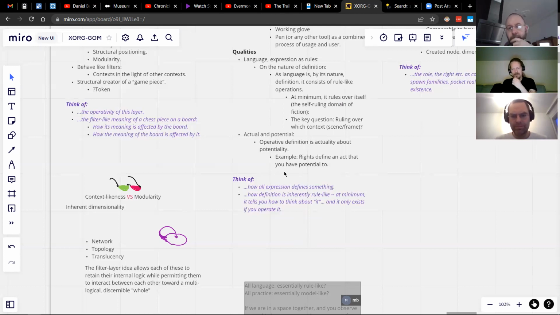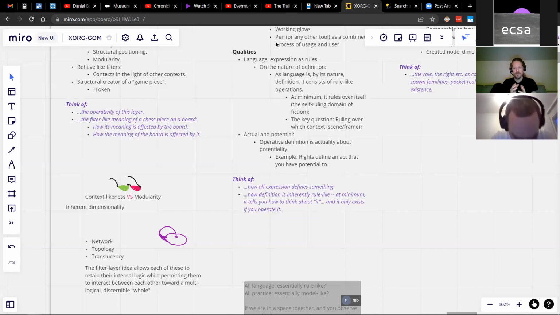Somehow that is a property that emerges not only from the rules but also from the fiction or the worlds, multiple worlds, or so on, probably.